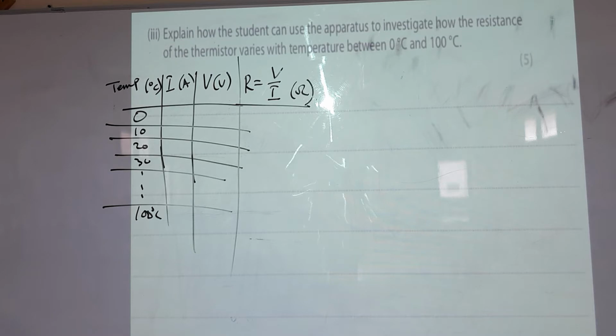You could fix the amount of voltage using your variable resistor, as you could see from the previous diagram.